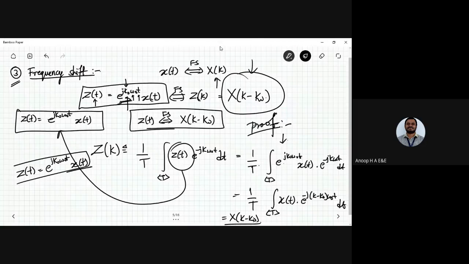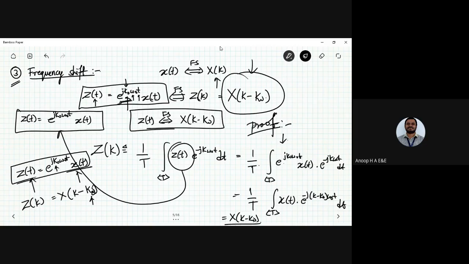This is one more signal, and x of t is a continuous time periodic signal. Next, z of k has a frequency shift of k minus k naught. So this is the k naught value and this is the shift, that is x of k minus k naught. You need to observe certain things properly.